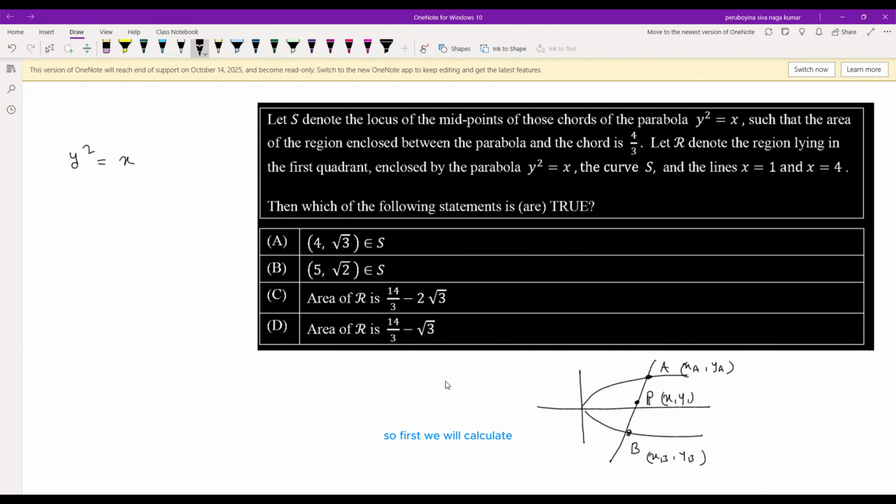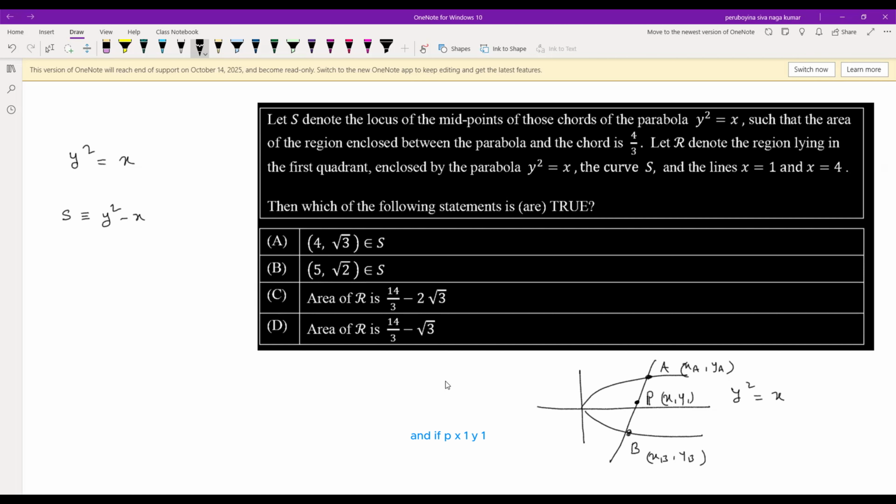So first we will calculate the midpoint of the chord for the parabola y square is equal to x. Generally, we will indicate it with the letter S, y square minus x, of course, it represents the curve equation.